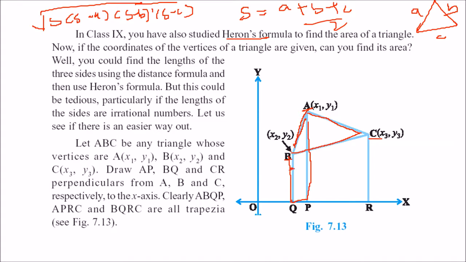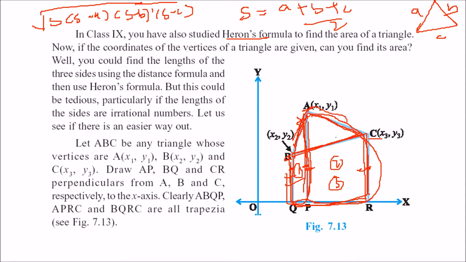Because these two are parallel sides. Again, this is a trapezium, because these two are parallel sides. And again, this is also a trapezium, these two are parallel sides. So if we add this 1 with this 2 and subtract this 3, we can get the area of the triangle.